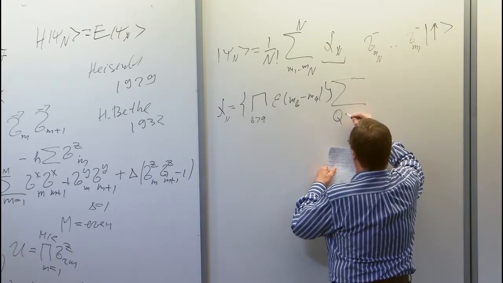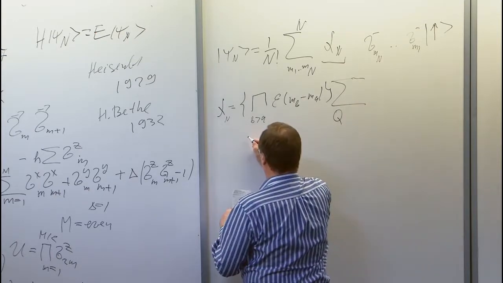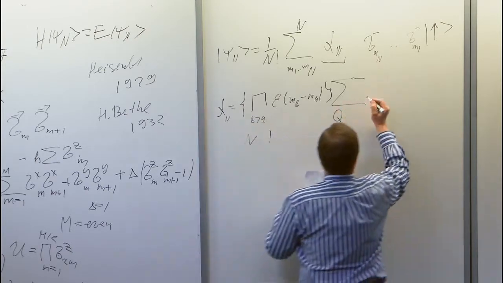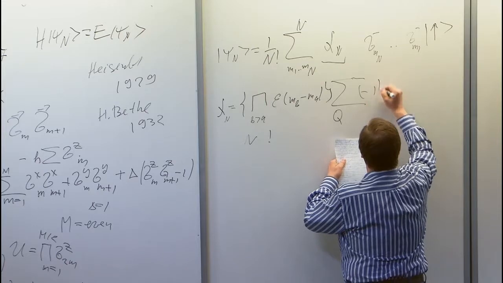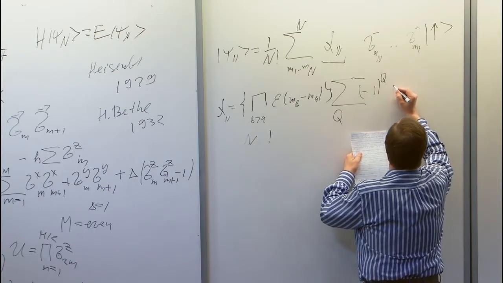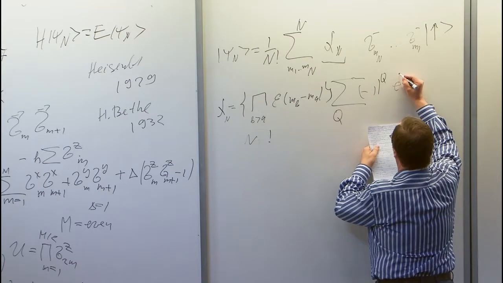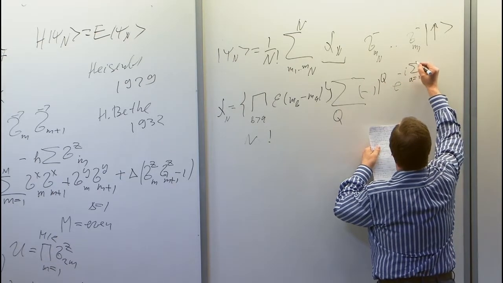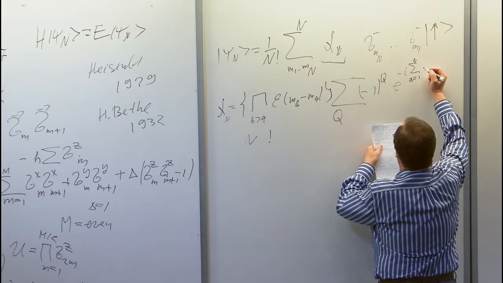So the summation will consist of n factorial terms, because I sum up over n factorial permutations. Then the parity of the permutation, then plane waves, a product of plane waves. Here I sum over all the particles, the overturned spins.